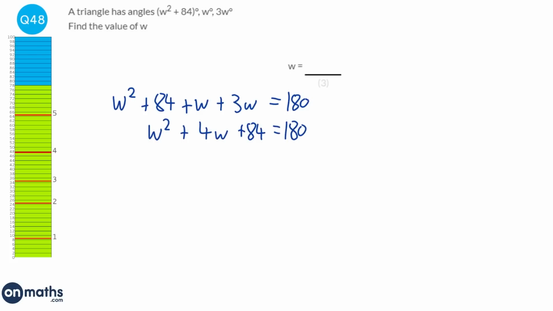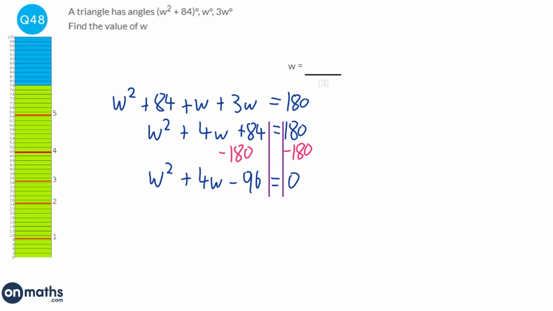Now, with quadratics, whenever we're looking to solve, we want to have it equal to 0. So what we're going to do is take away the 180 from both sides. So we've got the w squared plus the 4w, and we take away the 180 from it, which will give us minus 96 equals 0.